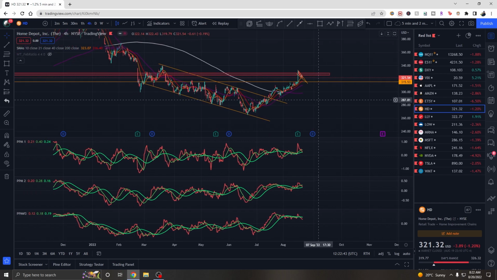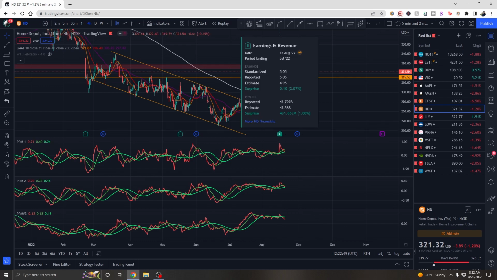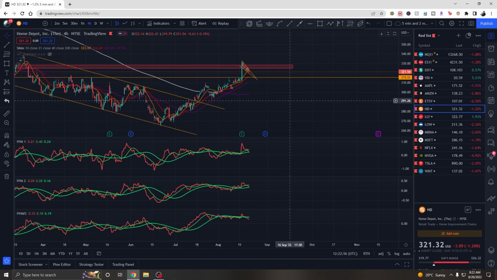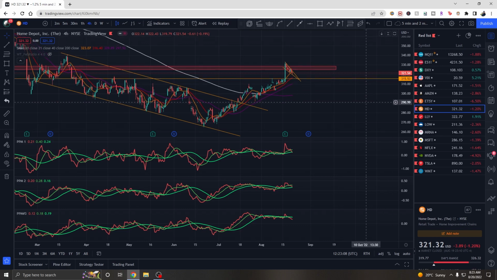Home Depot's chart is very interesting. After their recent earnings, by the way, they beat their earnings and revenue by some margin, not by much, but it's okay considering Home Depot is in the retail space. So we saw a breakout from this resistance level, which was a key level at 315.